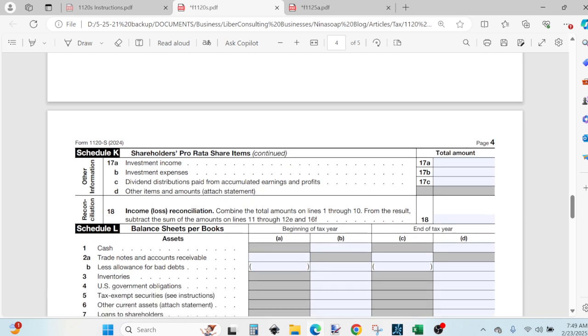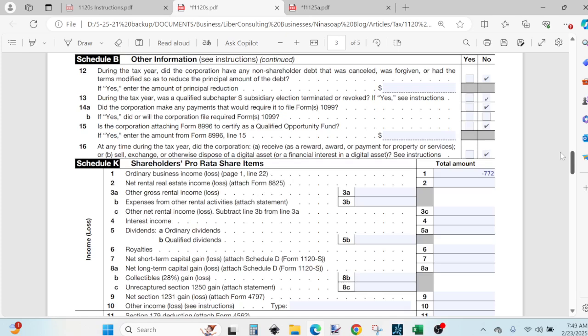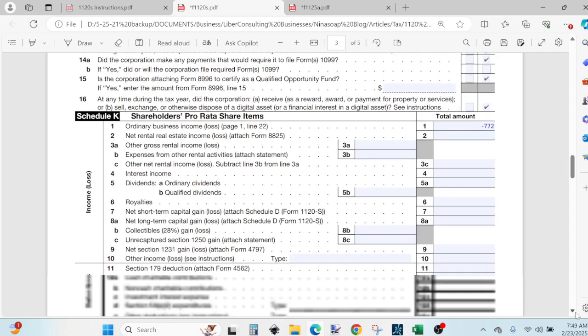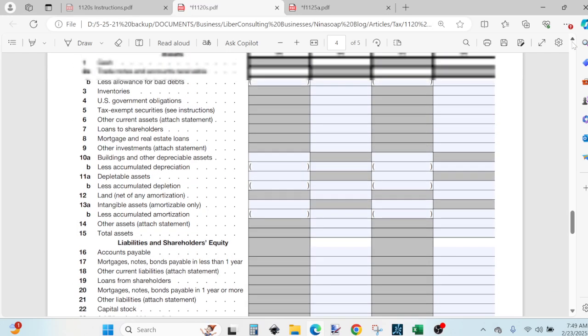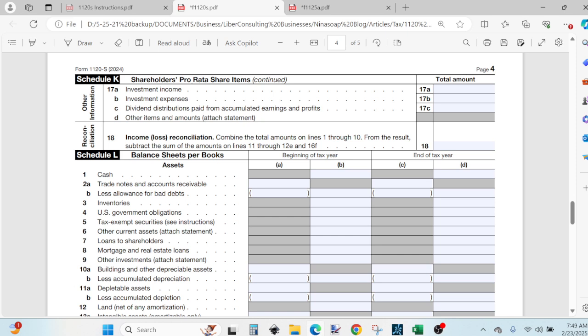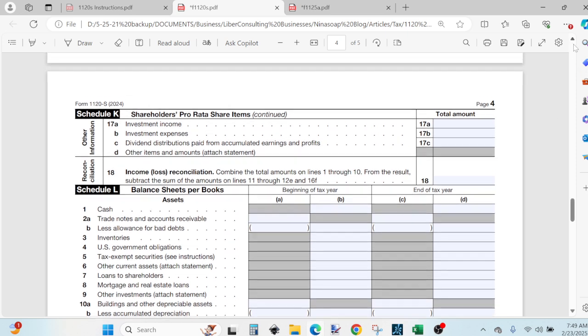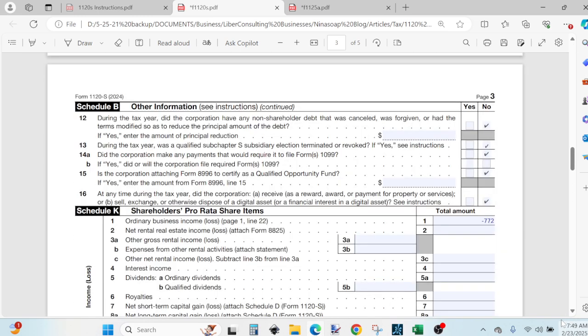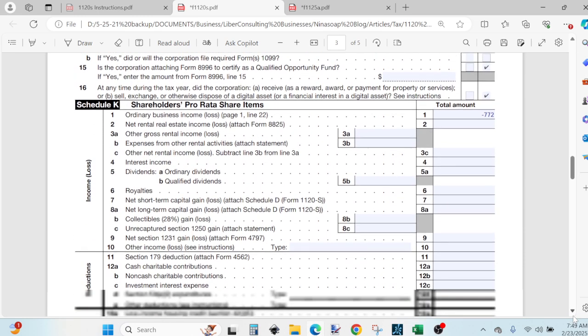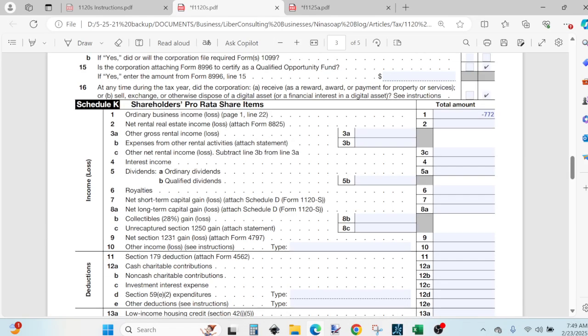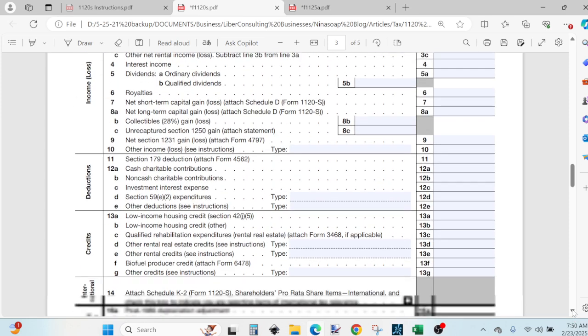And 18 is income loss reconciliation. So you will combine line 1 through 10 of Schedule K, and then you will subtract line 11 through 12 and 16F.